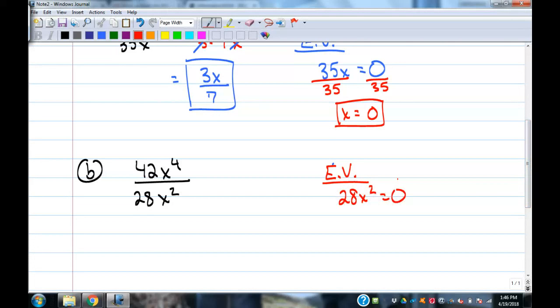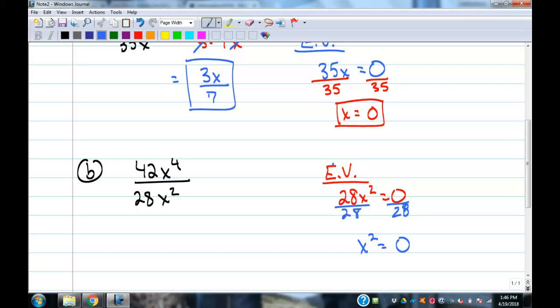Take whatever's in the bottom, set it equal to 0. Now what? Divide by 28. 0 divided by 28 is 0. I'm taking the denominator, setting it equal to 0, and dividing by the number in front to get rid of it so that x squared is by itself. So x squared is equal to 0.